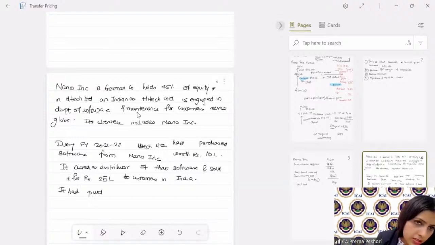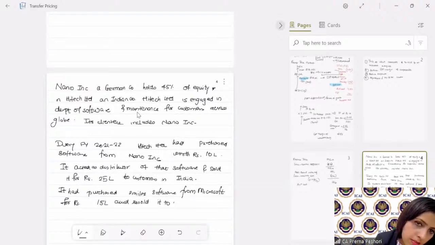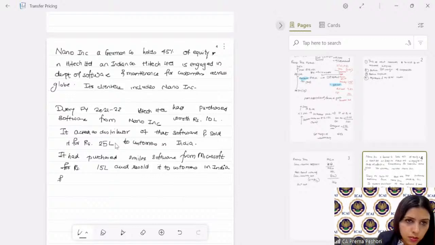It had purchased similar software from Microsoft for rupees 15 lakh and resold it to customers in India for rupees 25 lakh.